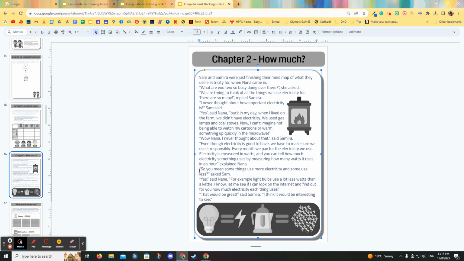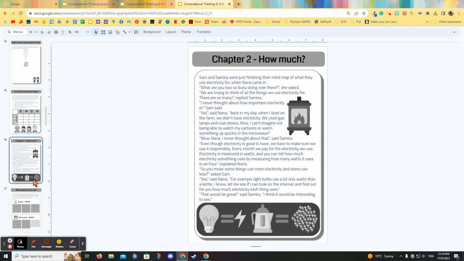Sam's asking about some things using more electricity and some using less. I think learners wouldn't have considered that unless they have an electricity meter in the house or use a generator, and then maybe they've got an idea that a kettle uses way more electricity than, say, a TV or a light switch.